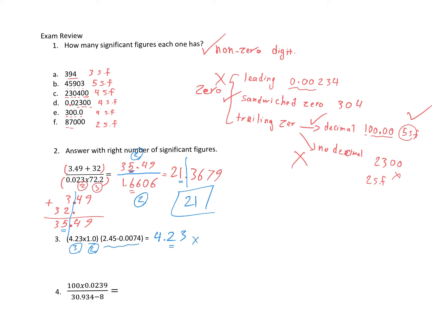So it's a subtraction. So we have 2.545 decimal place, 0074, and that's 0. Okay, so we have to put 2 zeros to do the subtraction.